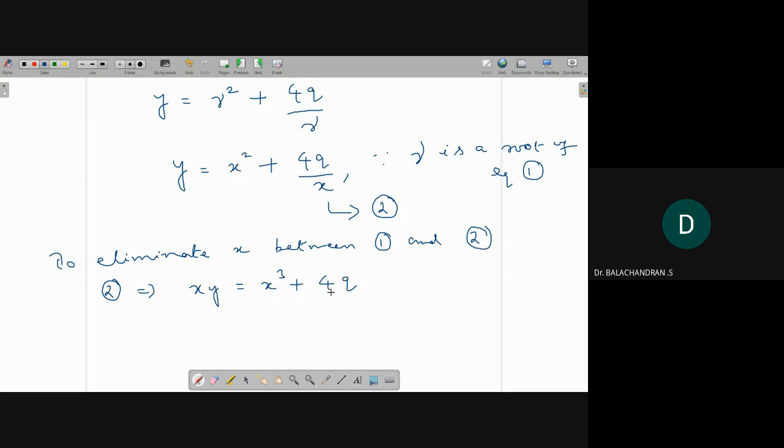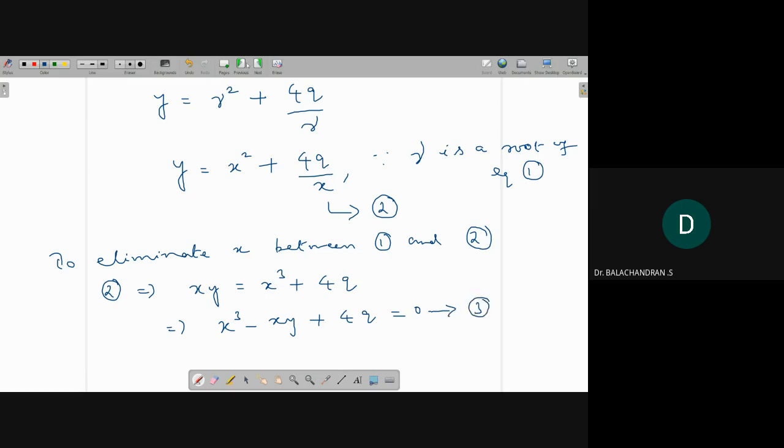So from this we have x cube minus xy plus 4q equal to 0. I call this equation number 3.